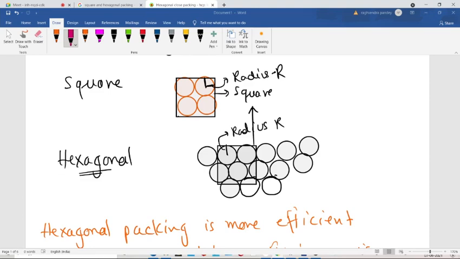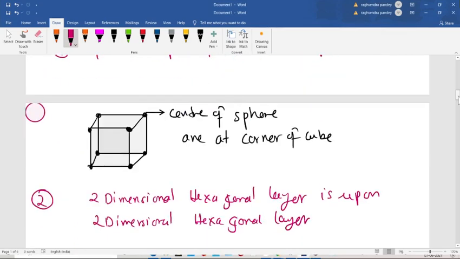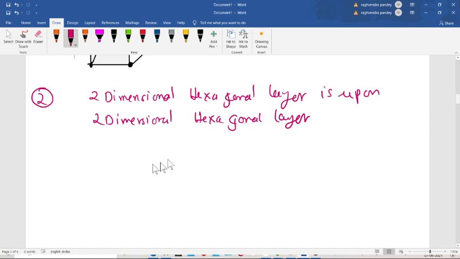So when I keep it here, that is a superimposition. Got it? So this is your three-dimensional arrangement of the hexagonal layer: one hexagonal layer arranged upon another hexagonal layer. There are basically two types of arrangement in this.